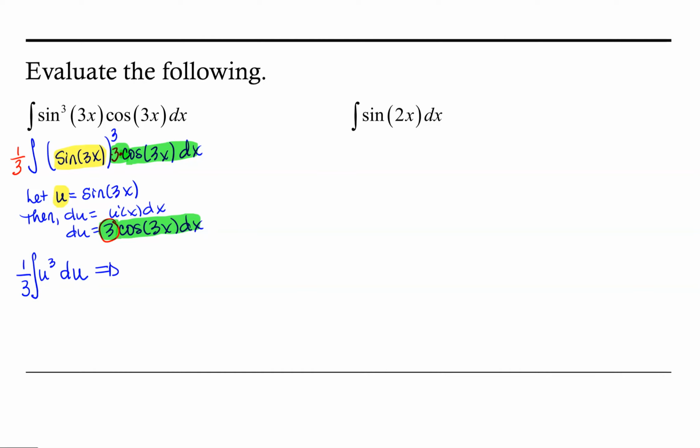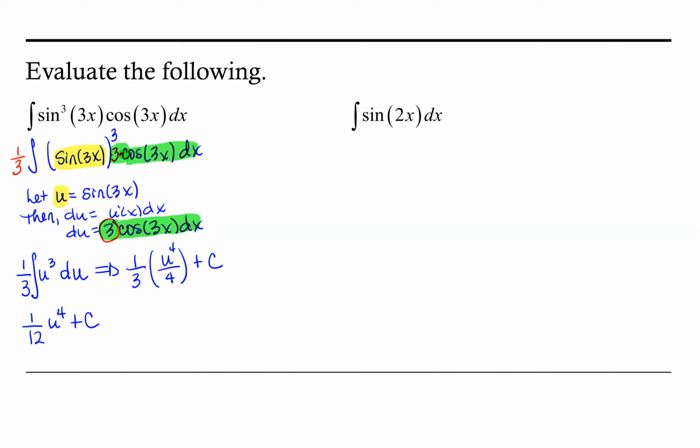If we anti-differentiate, we get 1/3 times u to the 4th over 4 plus c. And then 1/3 times u to the 4th, that's going to give us 1/12 u to the 4th plus c.